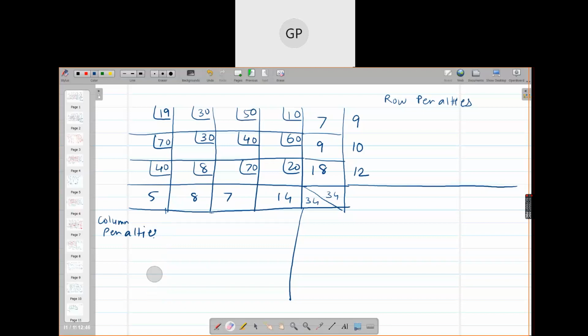Column penalties: 19 and 40, 21. Then 8 and 30, that is 22. Then 40 and 50, 10. And 10 and 20, 10. So we have calculated all the penalties.